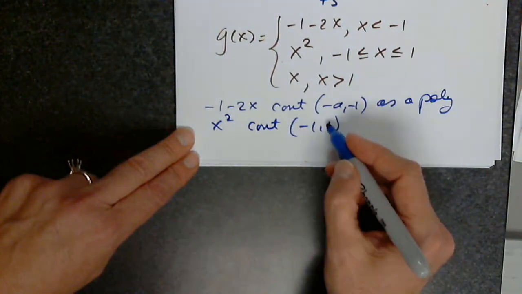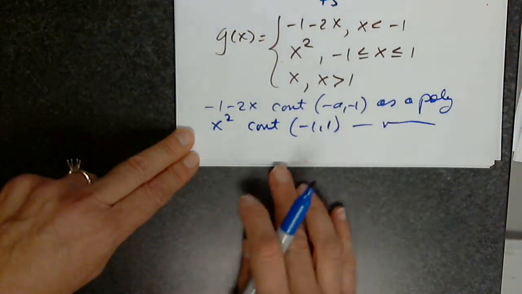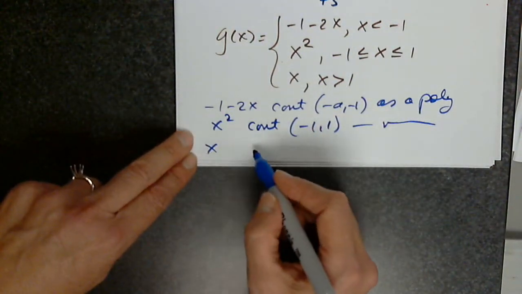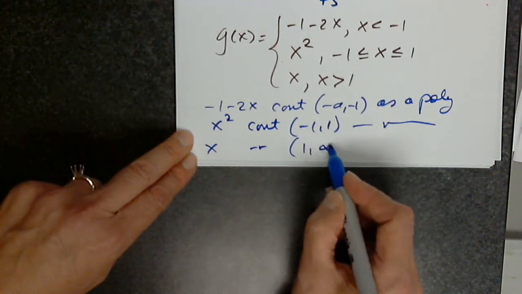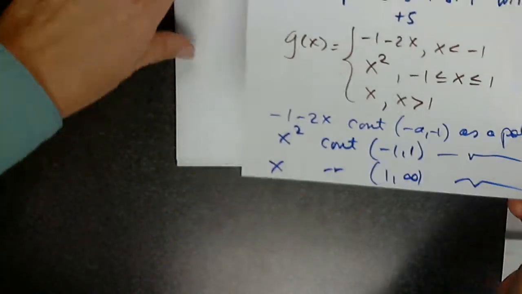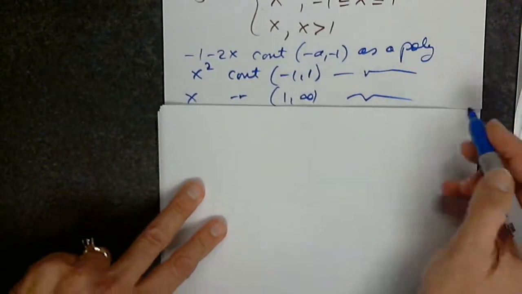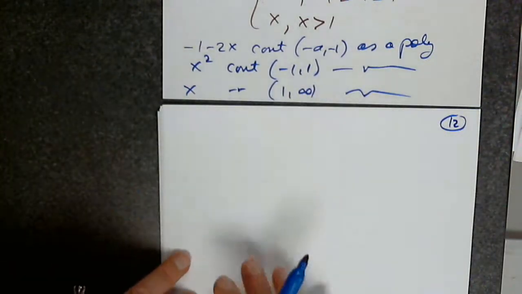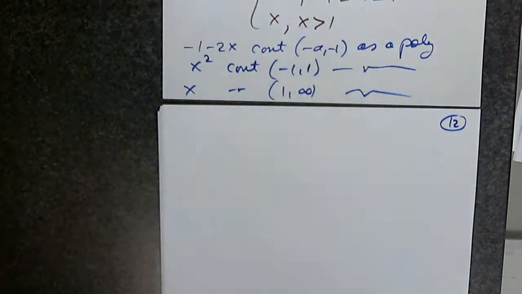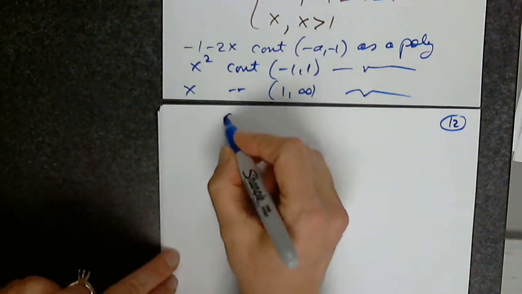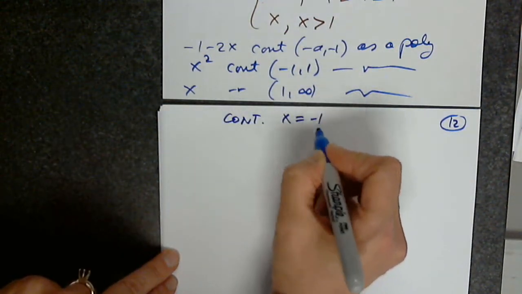And x is continuous on 1 to infinity for the same reason. Once I have established that it's continuous everywhere except that I haven't checked -1 and 1, then I will say continuity at x equals -1.